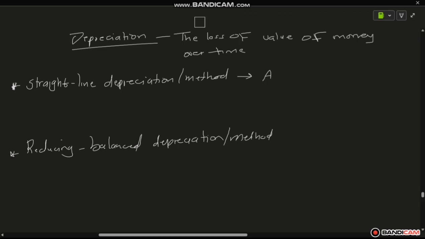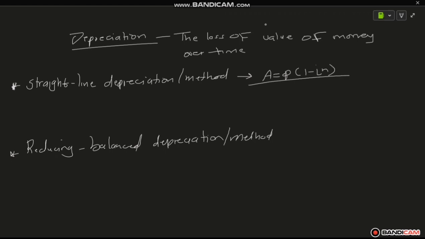The formula is P(1 - i)^n, and here it is 1 minus i to the power n, meaning it's actually closer to interest, but this one doesn't have a plus sign.